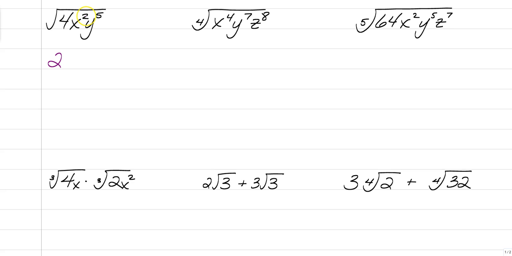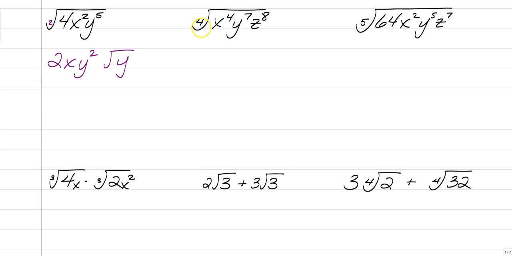So we have 2 divided by 2 evenly becomes 1. And then 5 divided by 2 is 2 with a remainder of 1. So you can take out y squared, but you have to leave 1 inside. So we have 2xy squared, square root of y. Done.